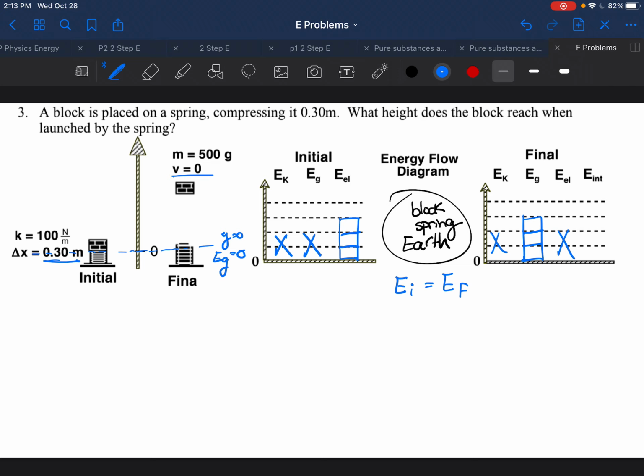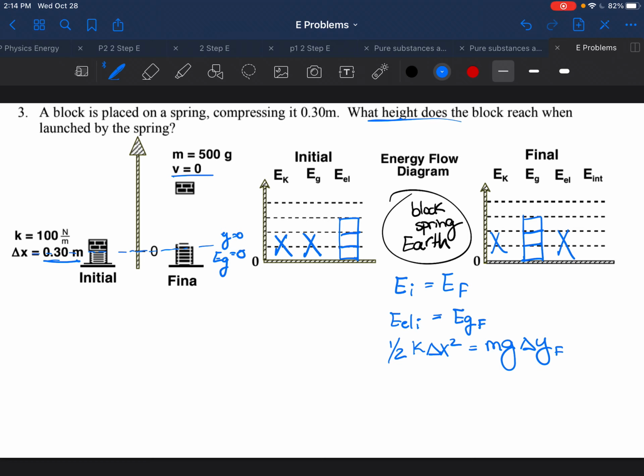My initial energy was elastic, so that's 1/2 k delta x squared. To be a little more explicit, my elastic energy initial must be my gravitational energy final. So 1/2 k delta x squared equals mg delta y final. Here I'm asked for what height, so I want to get delta y by itself.